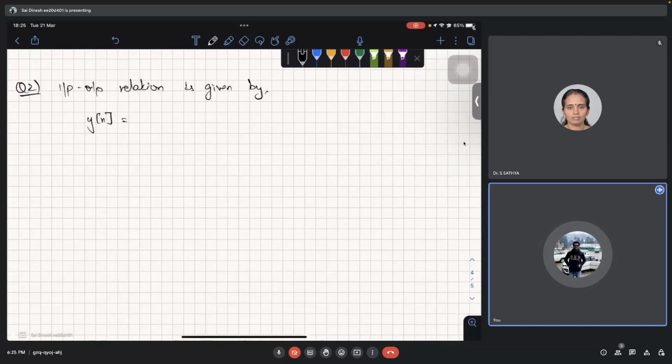y of n equal to a times y of n minus 1 plus b times x of n, right? So we do the z transform. Let's say Y of z is the z transform of y of n, so then y of n minus 1 will have a times Y of z into z inverse, plus b times X of z, assuming X of z is the z transform of x of n.